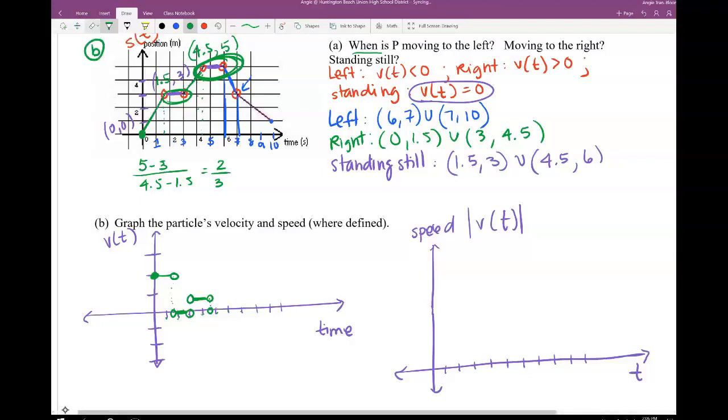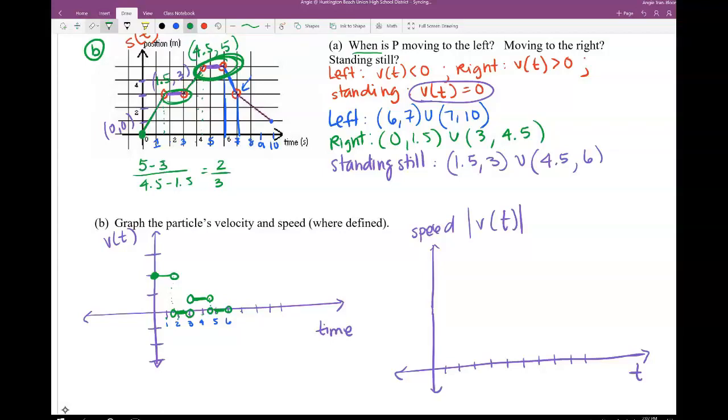That's 4.5. Let me number these. I'm confusing myself. 1, 2, 3, 4, 5. Okay, so 4.5 is okay. From 4.5 to 6, 1, 2, 3, 4, 5, 6. Yep, 6. Okay. The slope is 0. I don't have it numbered, so I'm totally confused by it.